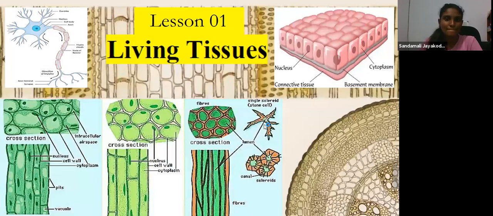Today our first lesson is living tissues. Now we are in grade 11 and we know what life is. Do you have some little idea about living things? Actually, can you tell me at first what are the living things you know?